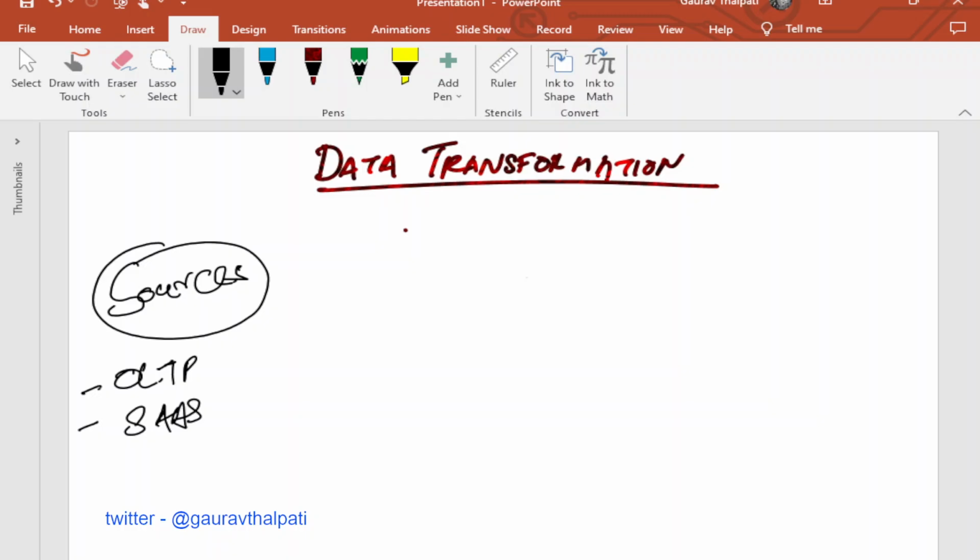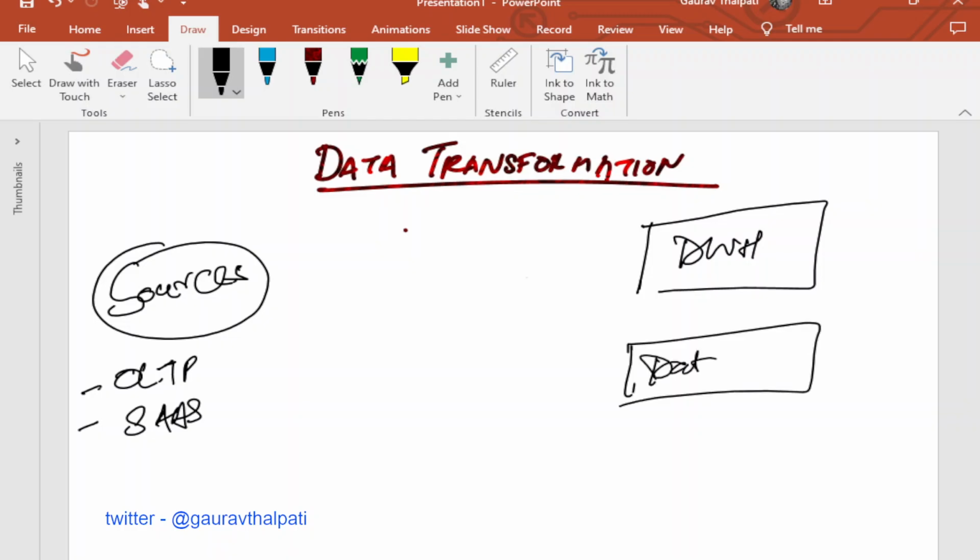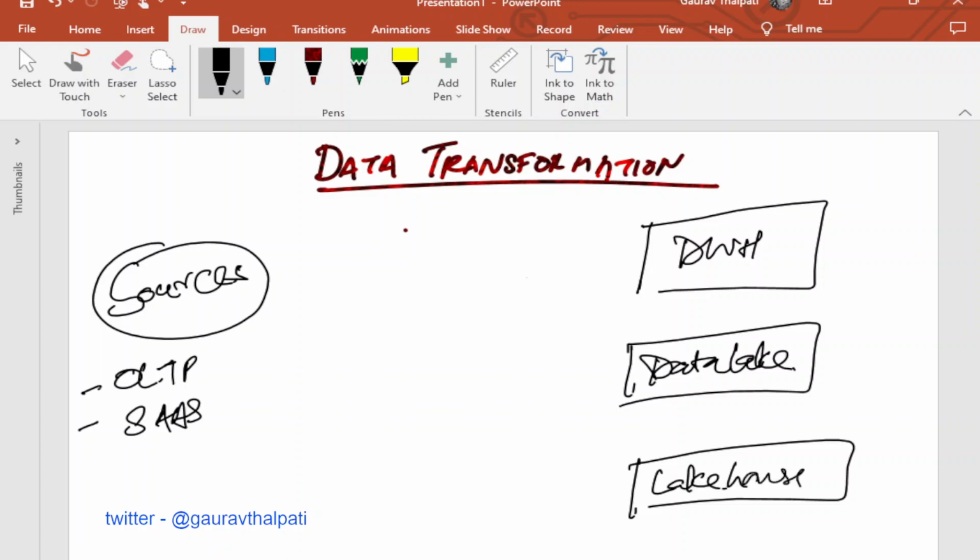Eventually we have to move it either to the traditional warehouse, the DWH, or a data lake, or it could be a lakehouse, which is the third option that most teams have started getting onto since the last year or so.